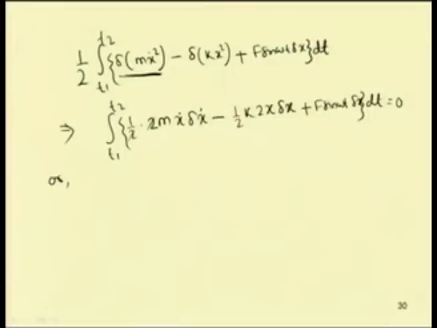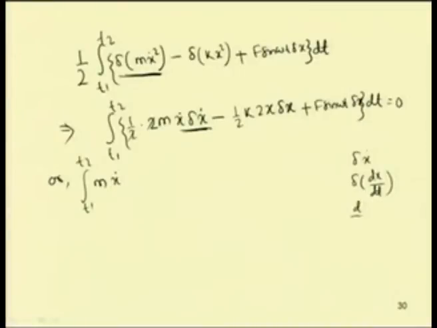The 2 cancels. So, this becomes m integration T1 to T2 of m x dot times delta x dot. Delta x dot can be written as d by dt of delta x, so I can interchange.